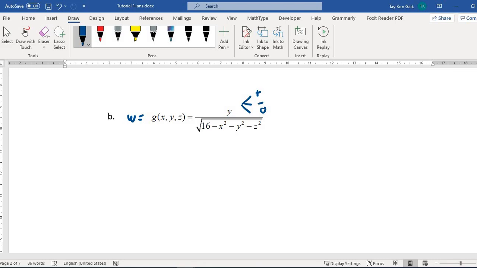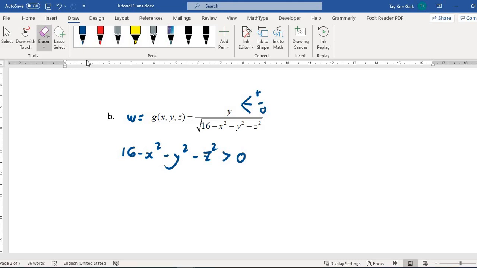But in this case, we have to set only 16 minus x squared minus y squared minus z squared positive, because if we set it equal to 0, if we include this, then we have a value divided by 0, we get infinity. That's why we can only set 16 minus x squared minus y squared minus z squared greater than 0.